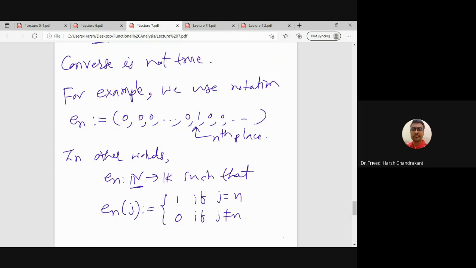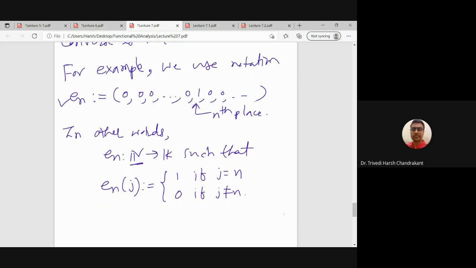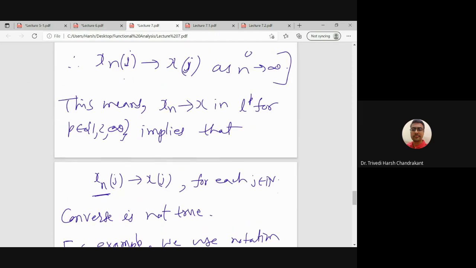Right. So that is the same function. So now for this function en, we want to show what we can say about whether it satisfies this property or not. For that, we'll fix some jth coordinate and see en of j, where does it converge.